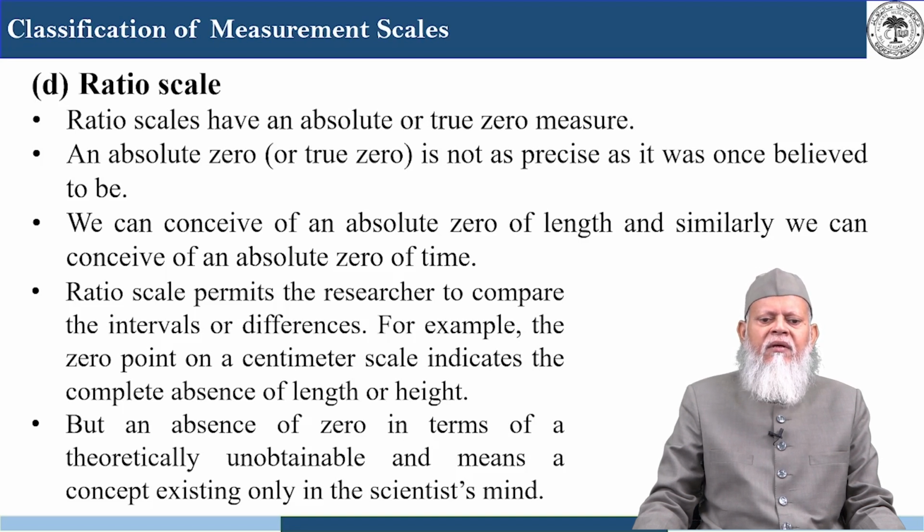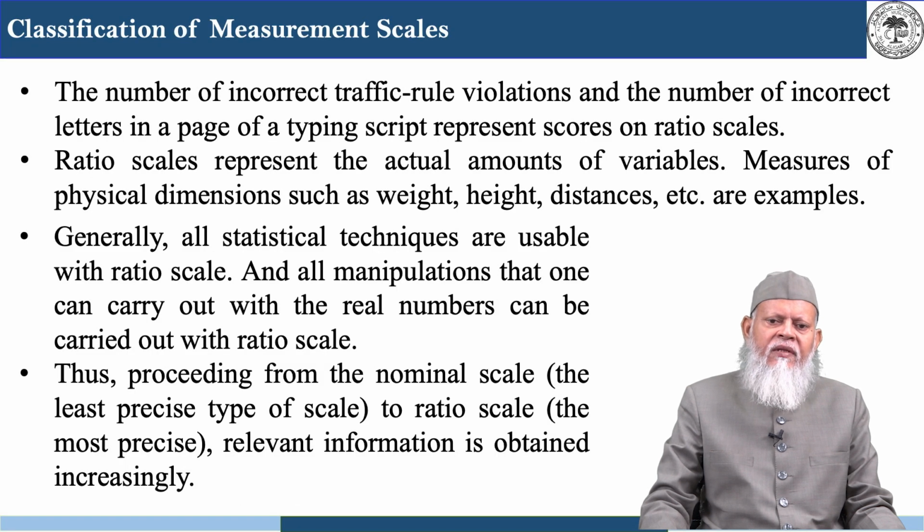For example, the 0 point on a centimeter scale indicates the complete absence of length or height, but an absolute 0 in other terms is theoretically unobtainable and means a concept existing only in the scientist's mind.